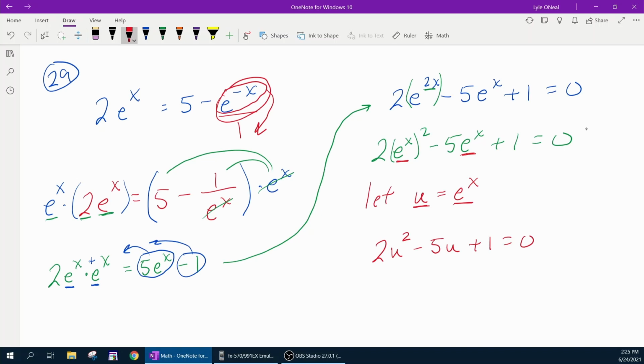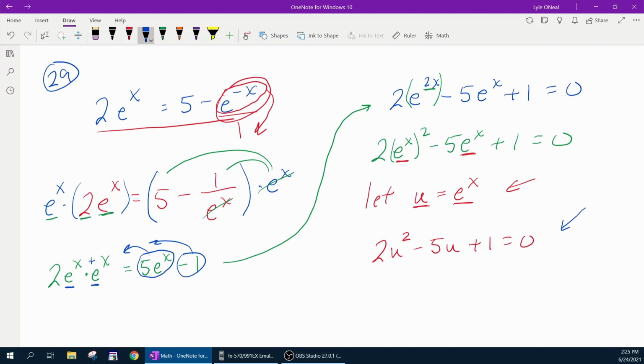All right, now look at where we've gone. We've gone from an exponential equation, using our secret math ninja technique and a u substitution, to arrive at a quadratic equation, which is something we know how to solve. So now we're going to solve this quadratic equation using the quadratic formula, and we're going to find out what u is.